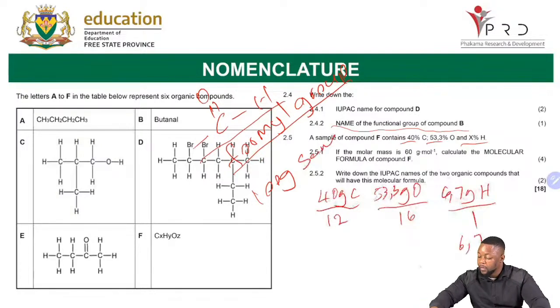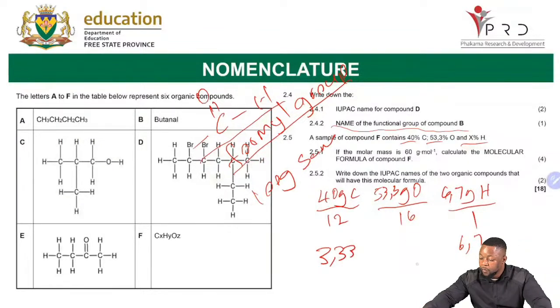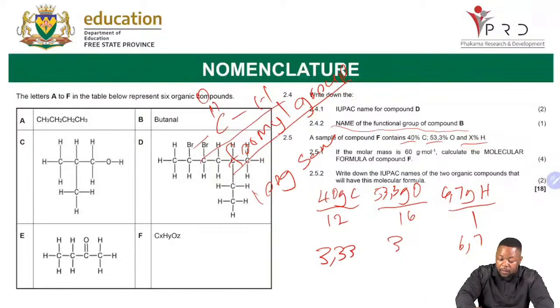Let me just go through the calculator here. 40 divided by 12 is 3.33. And 53.3 divided by 16 is also 3.33.